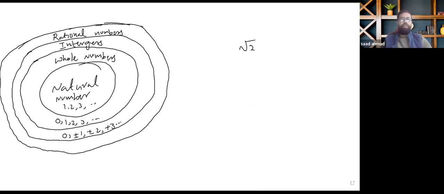So square root 2, square root 3, the most famous number pi, 3.141, and so on, keeps going. You cannot write it as a fraction. Those numbers were discovered and were called irrational numbers. The rational numbers and the irrational numbers are different. Okay, let's see.